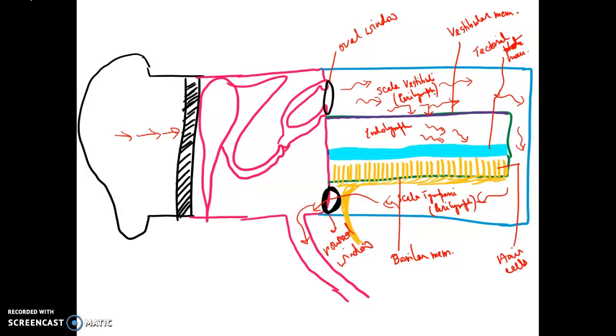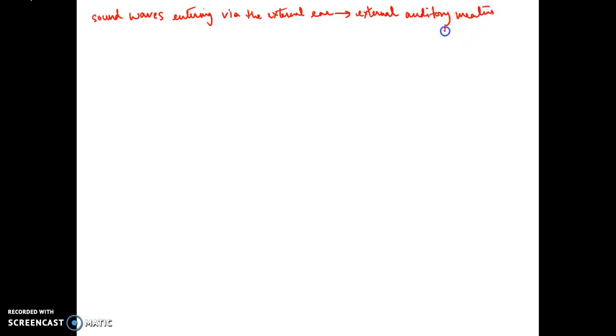So let's do it one more time. We have sound waves entering via the external ear. From the external ear, the sound wave passes through the external auditory meatus and the sound waves hit the tympanic membrane.